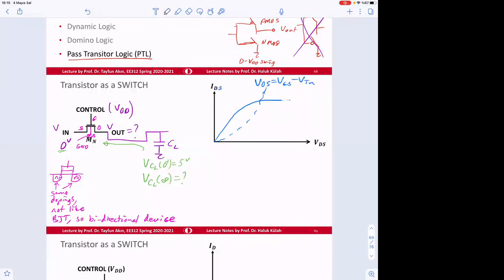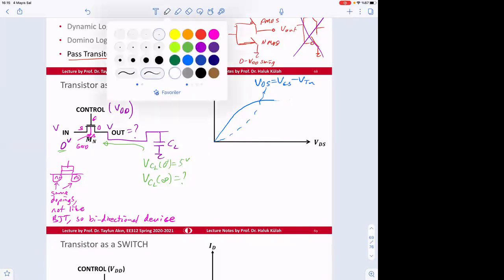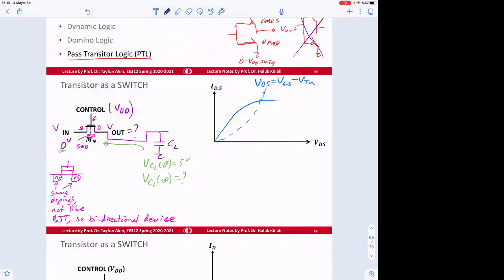Maybe I shouldn't do it this much, just to be more consistent and correct. So this is where gate to source is equal to 5 volt. Remember, I'm trying to do this as accurately as possible.